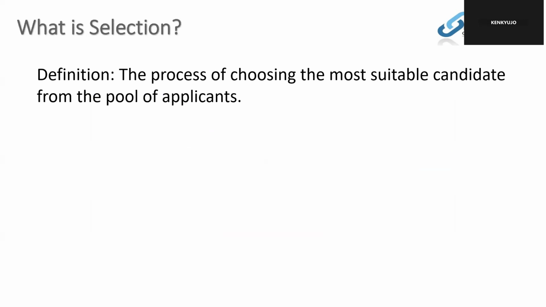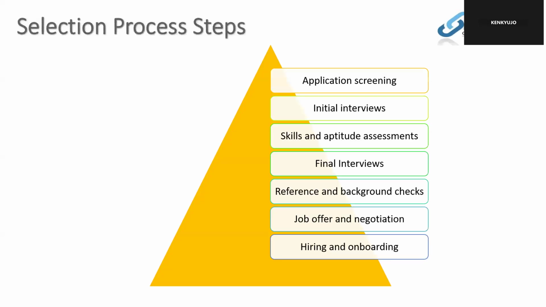What is the definition? The process of choosing the most suitable candidate from the pool of applicants. Selection also has some processes: application screening, initial interviews, skill and aptitude assessment, final interviews, reference and background checks, job offer and negotiation, hiring and onboarding.